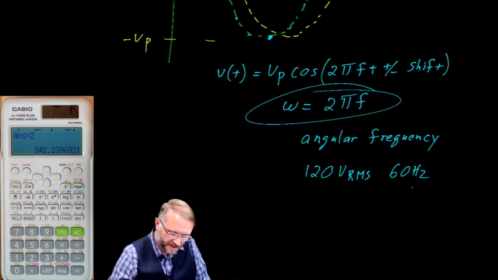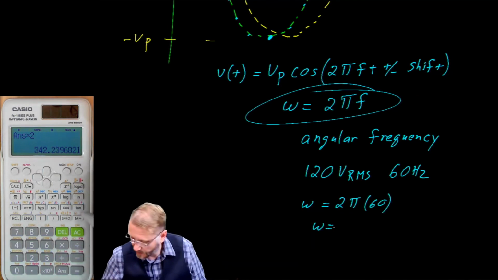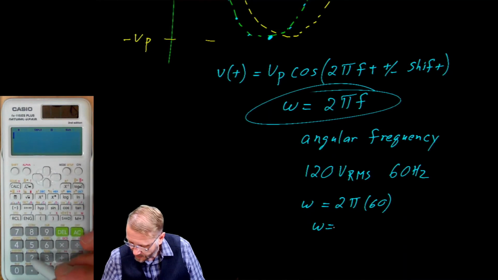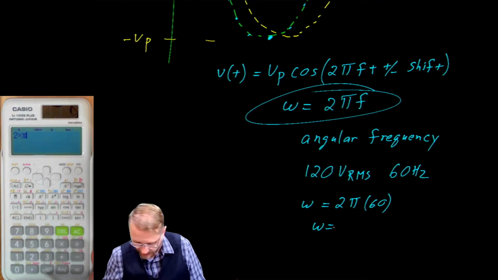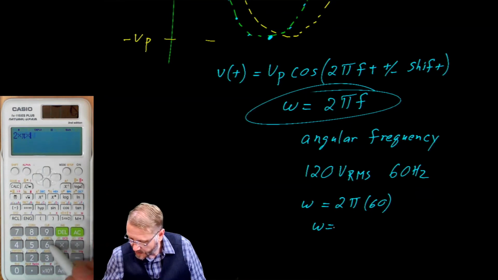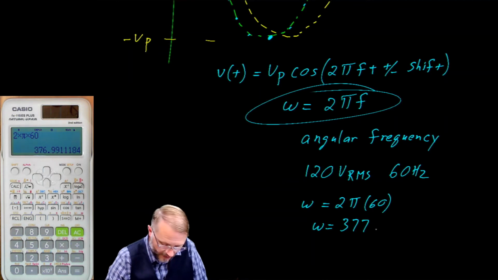So if we plug 60 hertz into this, we would say the angular frequency, omega, is equal to 2 pi times 60. So omega is 120 pi, or you could simply say omega is 377 radians per second.